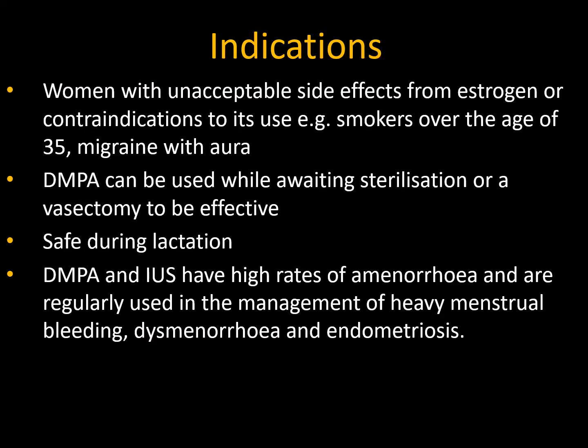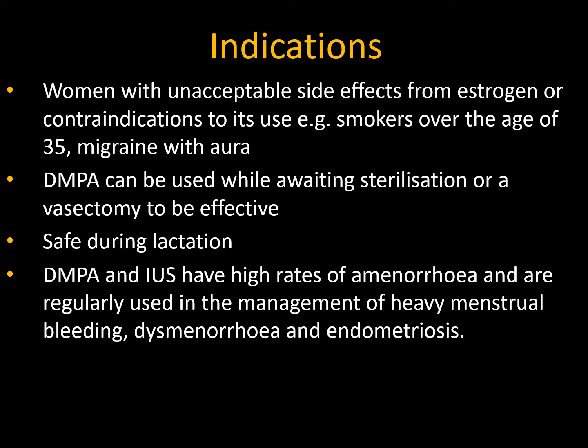All progestogen-only methods can be used whenever estrogen is not acceptable, because it is either contraindicated or because of its side effects. Depo-Provera can be used while awaiting sterilization or vasectomy to be effective, and because of its non-contraceptive benefits.